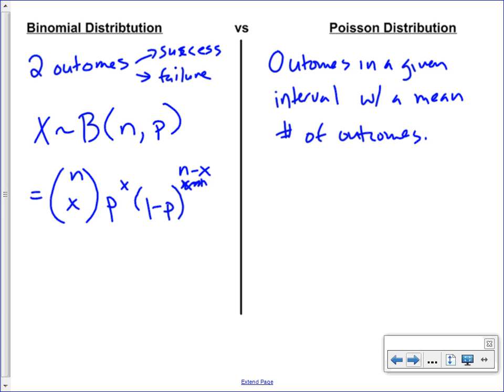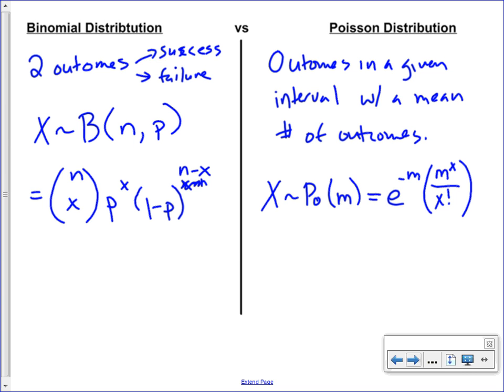So again, this one goes X such that it's a Poisson distribution with some mean, which has the formula e to the negative m, and then m to the x over x factorial. I think that's the formula.